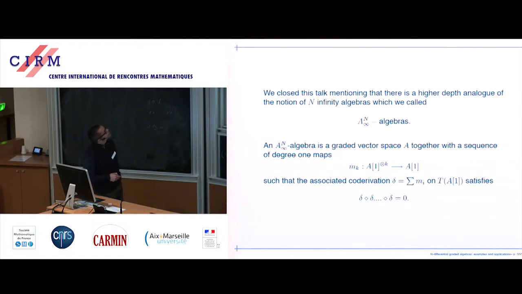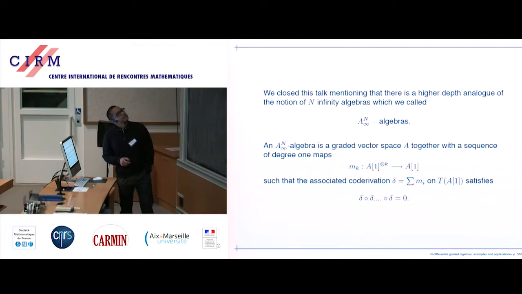Okay. So I'll go to the infinity algebras, the generalization of infinity algebras. For infinity algebras, you have all the higher order products on the tensor product of the vector space. You sum these products and you get a co-derivation on the full tensor algebra with the degrees modified by 1.